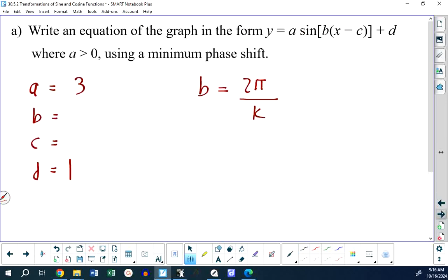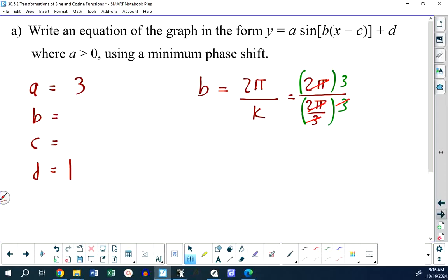Why are we doing that? So that we can figure out the value of the parameter b. I take 2 pi divided by the period. I can multiply top and bottom of this by 3. What I end up with is on the bottom, the 3's cancel. I'm left with 2 pi times 3 over 2 pi.